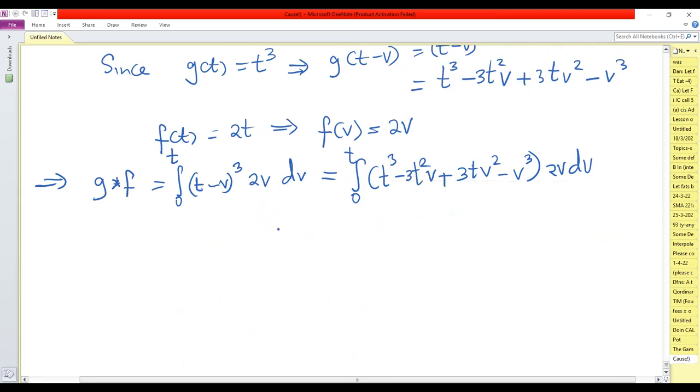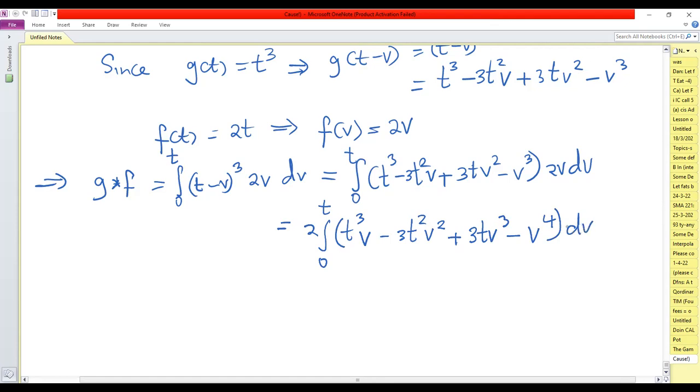Next, we can factor out 2 because it is a common factor. So 2 times the integral from 0 to t of t power 3 v minus 3t squared v squared plus 3t v power 3 minus v power 4, integration with respect to v. Here, v times v gives v squared, and v times v power 3 is v power 4.